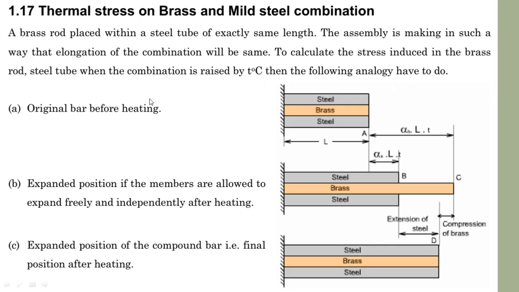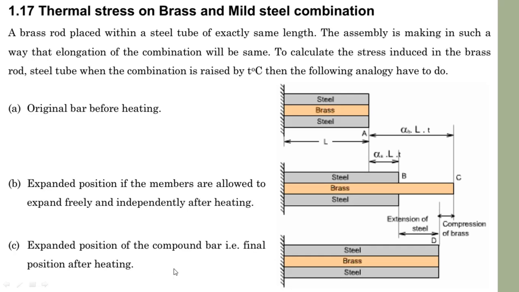Original bar before heating: this will be the length. Expanded position if members are allowed to expand freely and independently after heating. Independently, there is no restriction. So this will be the expansion of the bar. Then third, the expanded position of the compound bar, that is the final position after heating.